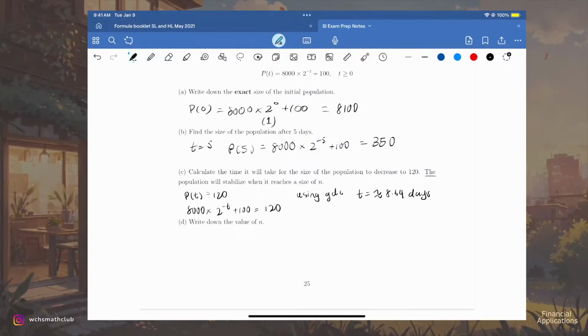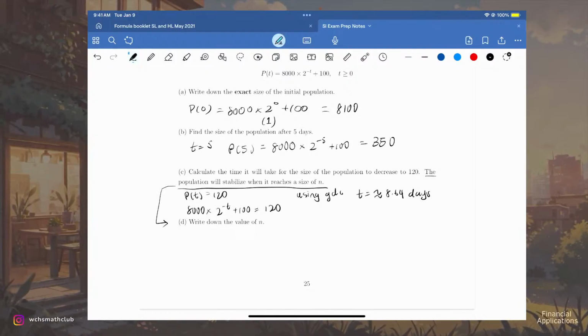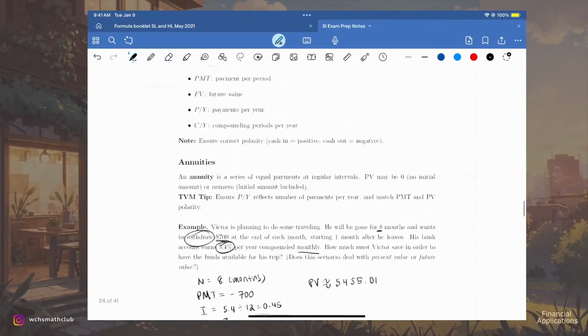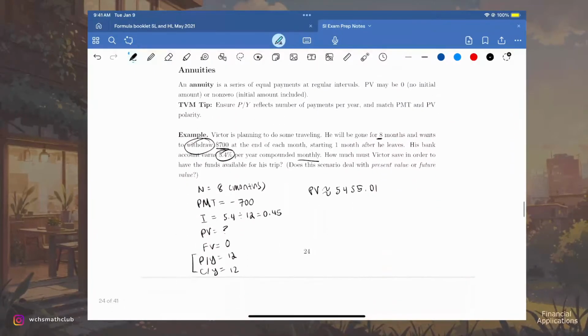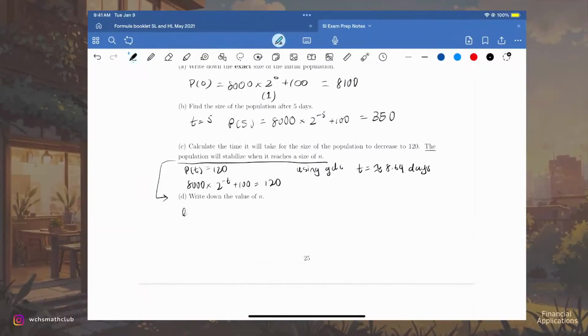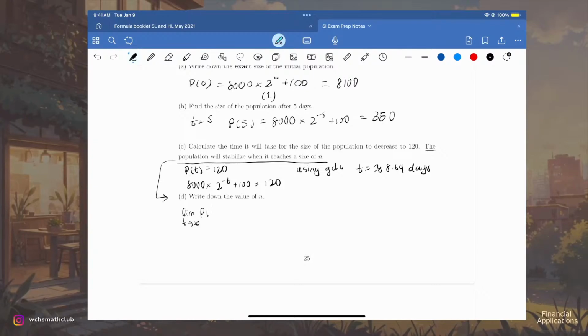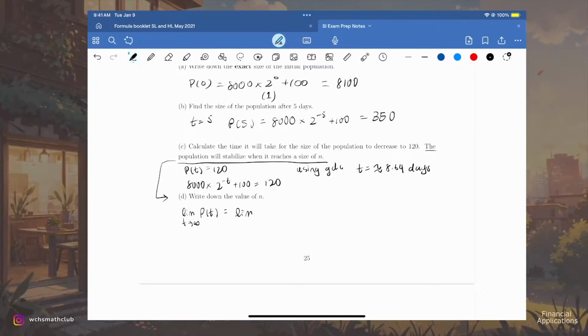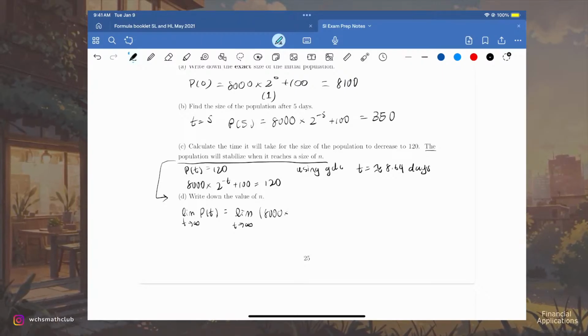And then this part of the question is actually supposed to be used for D, but essentially the idea is that a population will stabilize when it reaches the size of N, and you have to write down the N. You will actually be using the limits that were used above, so that the limit of t going to infinity of P(t) will be equal to the limit of the other side of the equation, which would be 8,000 times 2^(-t) plus 100.